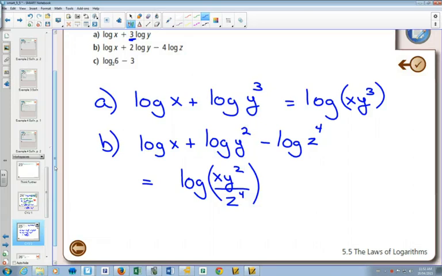So I'm going to give you one in between before we do C. I want to see if you can do B.5 in one step.